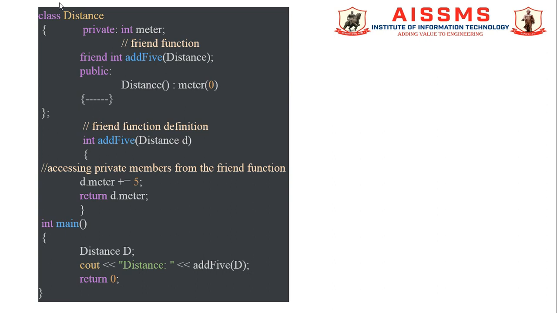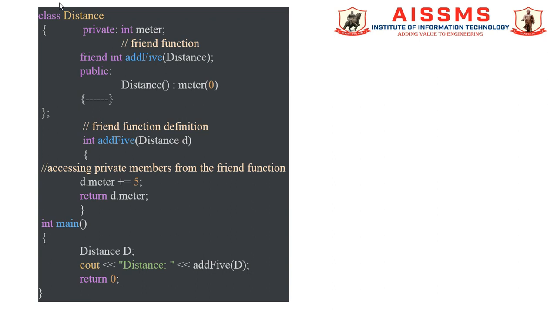With the help of this source code, a friend function is used to calculate distance in meters.